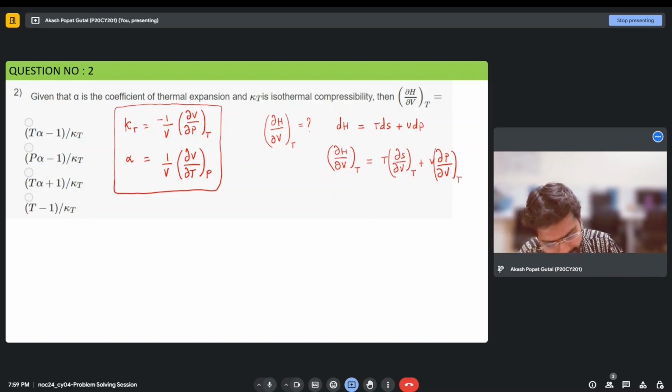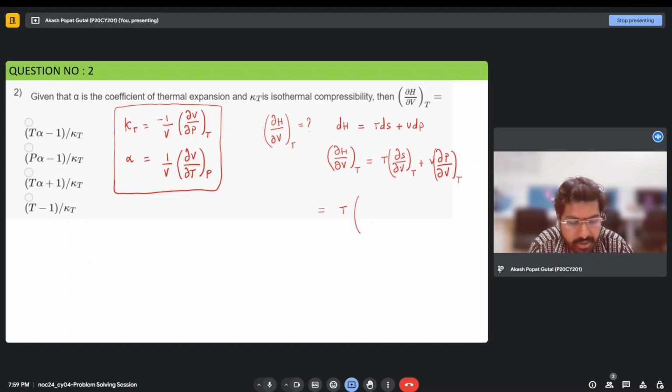If you see it carefully, here we need to use the Maxwell relation, because this is entropy and volume, and we need it in volume and temperature. So T into del S by del V. If you see the proportionalities, if volume is increased, then entropy S will also increase, so this is a positive relation.